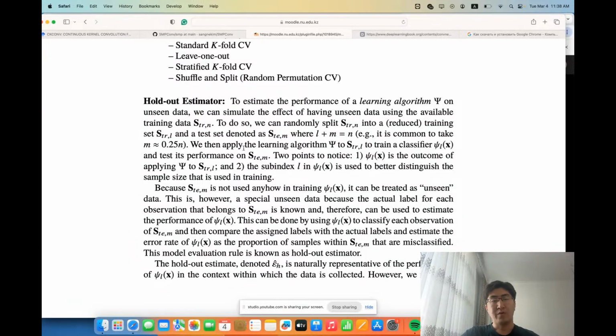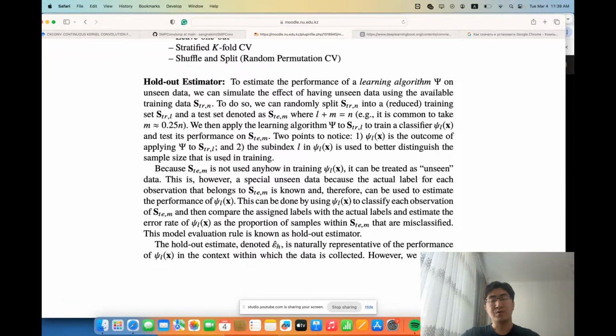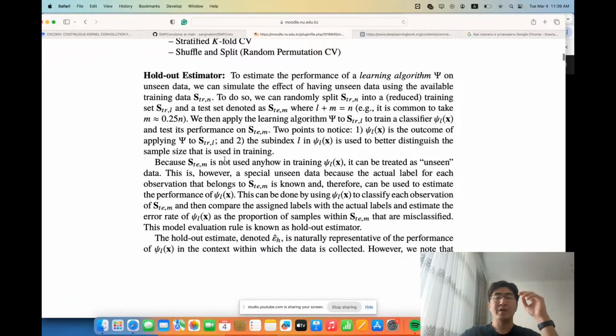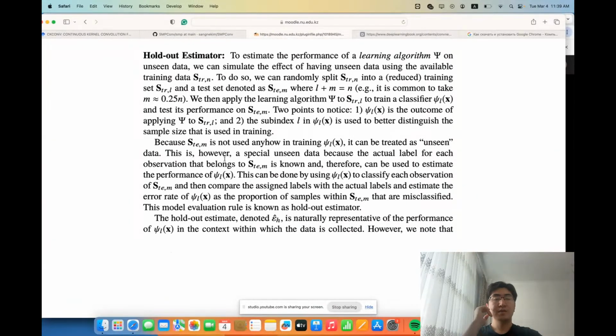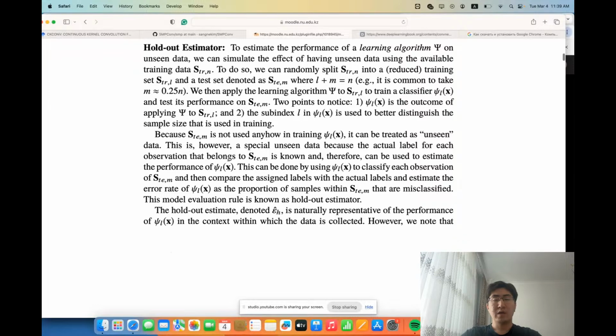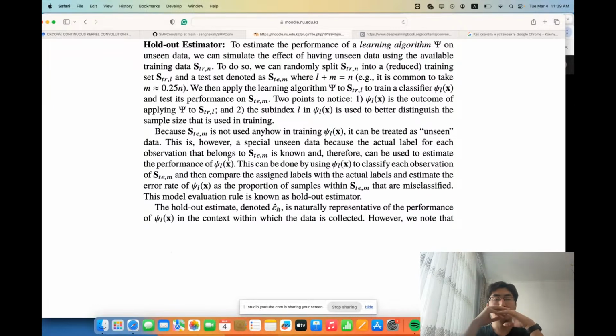The subscript is used to better distinguish the sample that is used for training. Because the test set is not used anyhow in training, it can be treated as unseen data. This is, however, a special unseen data because the actual label for each observation that belongs to it is known, therefore it can be used to estimate the performance.